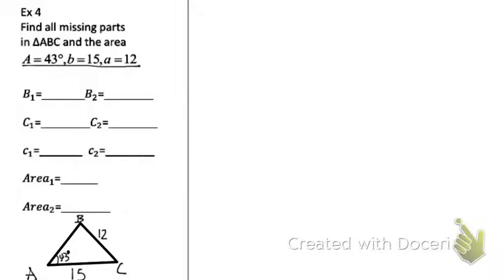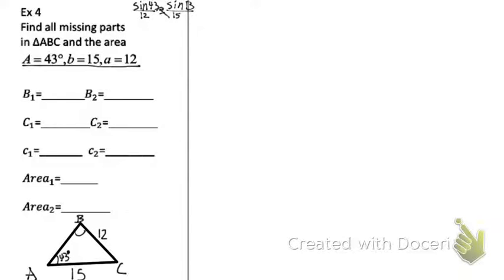So to find angle B, because it looks easier, let's start here. Sine 43 over 12 equals sine B over 15.